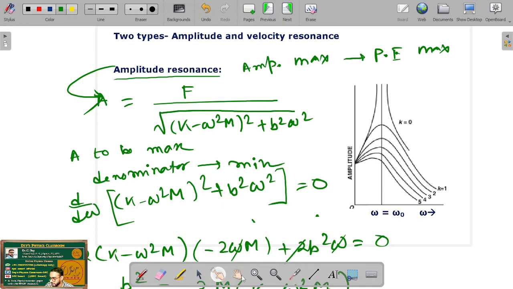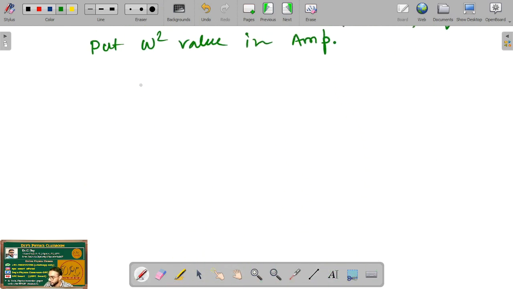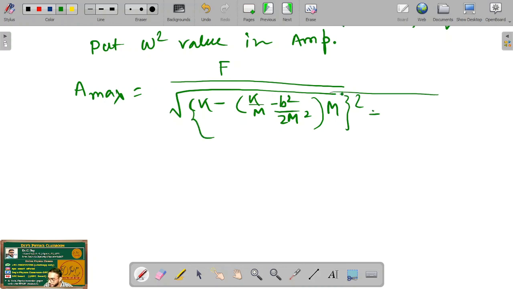So we finally get A max equals F divided by root under (k minus omega square m) whole square plus b square omega square, that means (k by m minus b square by 2m square) into m, whole square, plus b square into omega square, that is k by m minus b square by 2m square.